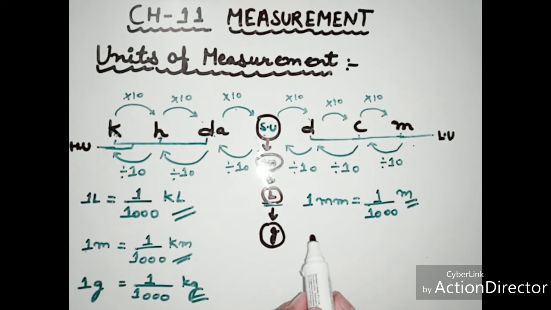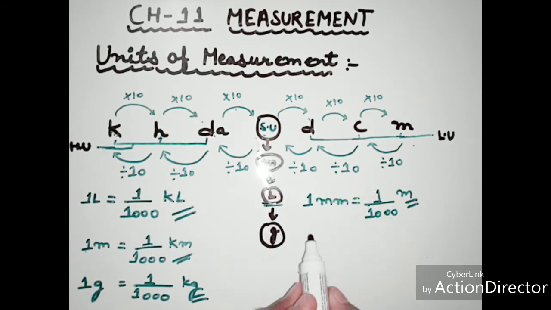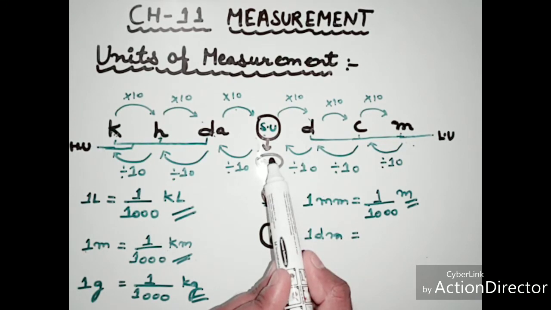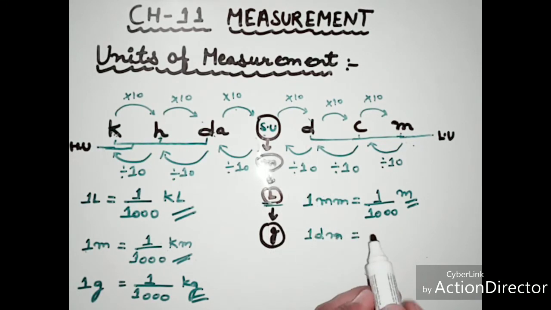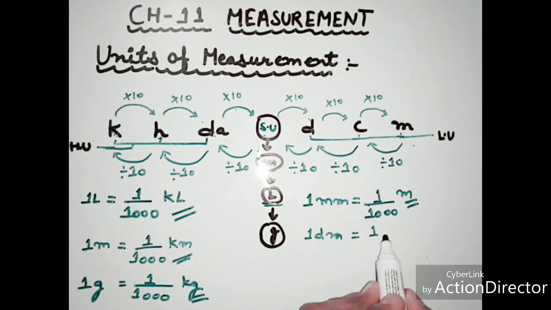And how many meters in 1 decimeter? So 1 decimeter equal to, now we move here to here. So only one place, so it's divided by 10, 1 upon 10 meter.